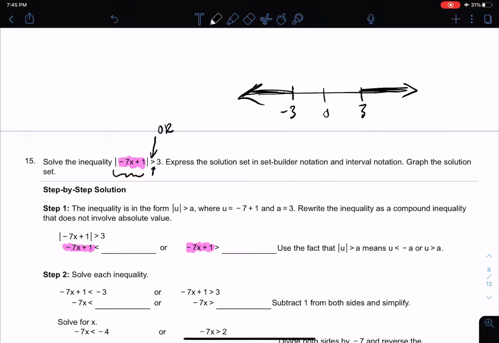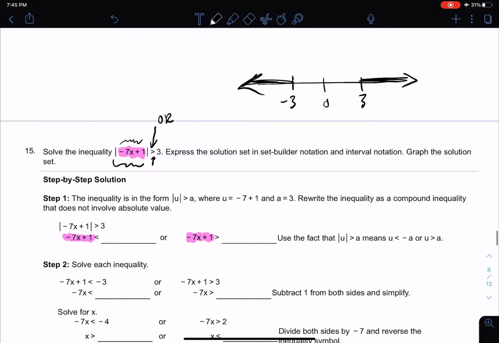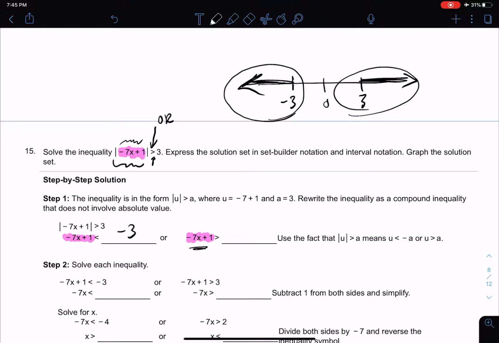Well, that's not my final answer because of all this stuff that's going to happen in pink, but our algebra can figure that out after we just set up the problem, right? So this pink stuff must be less than negative 3. And this pink stuff right here must be greater than positive 3. And there's my greater than symbol, and there's my less than symbol.